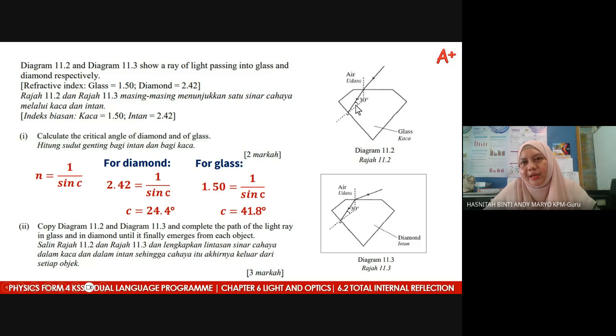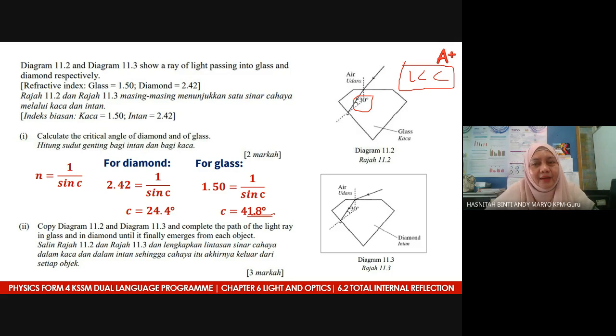From our calculation, students, what is the critical angle for the glass? 41.8 degrees, right? So now what is the situation here? I is 30 degrees, which means I is less than C. Okay, I is now less than C for the glass. I is 30 degrees, C is 41.8 degrees.